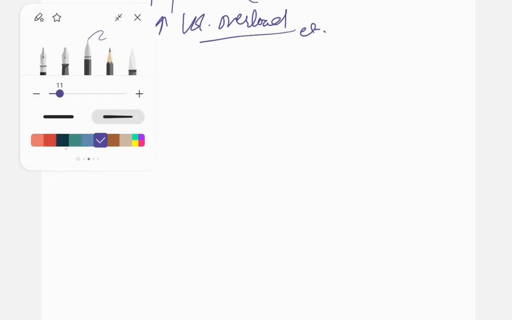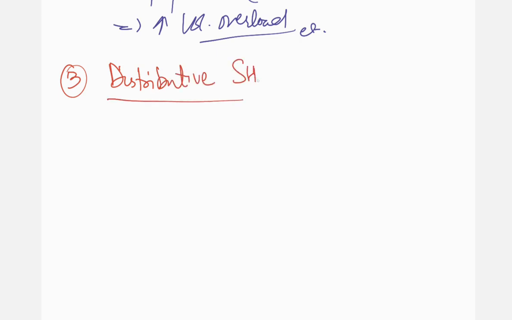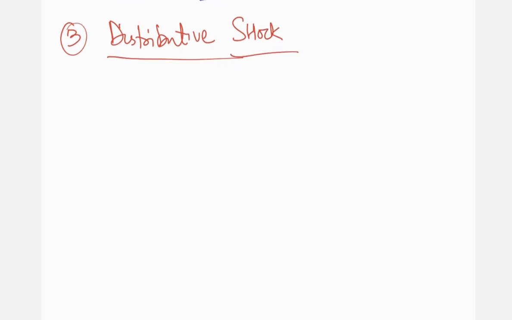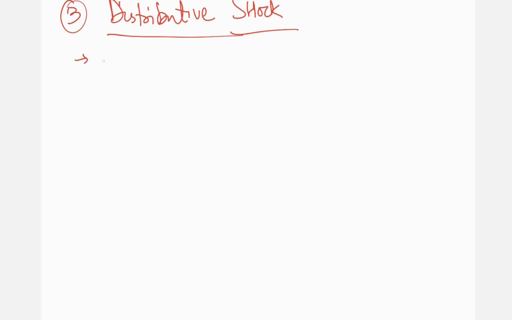Our third type of shock is distributive shock. Studying the third type of shock, distributive shock is also known as vasodilatory shock. Now by the name you can guess the mechanism of this type of shock.